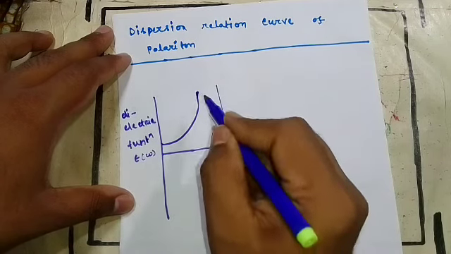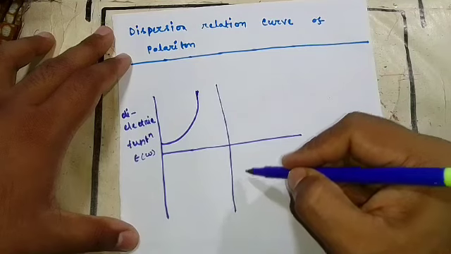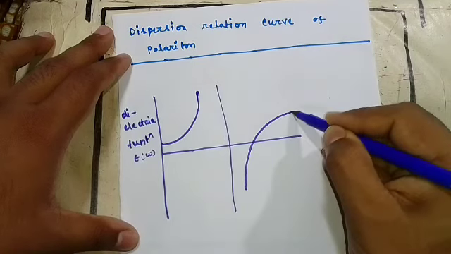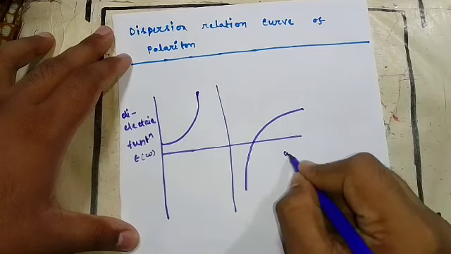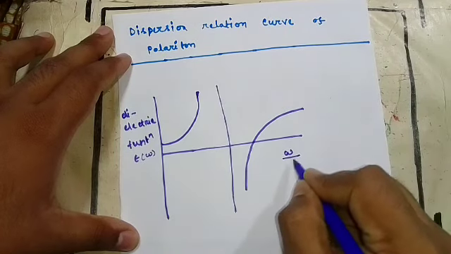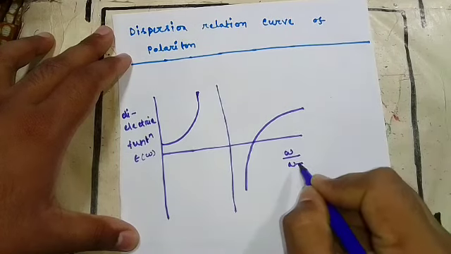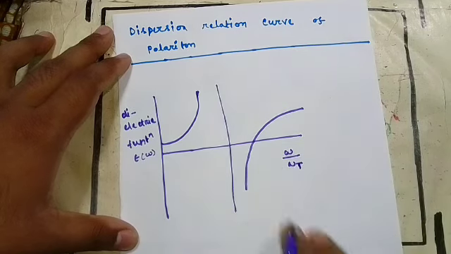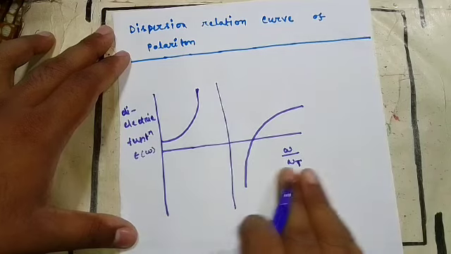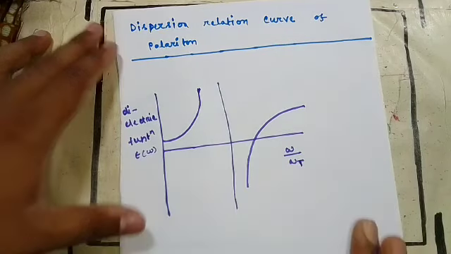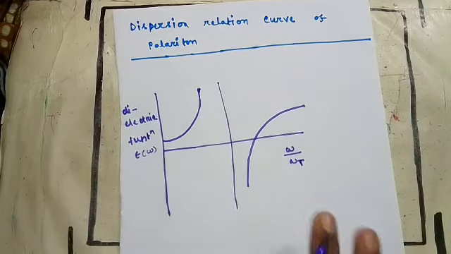This is the graph, actually the curve of dispersion relation of polariton. This y axis is the dielectric function and this x axis is omega by omega t. This is the dispersion relation curve.